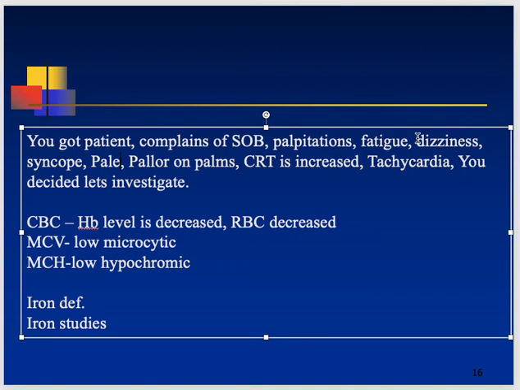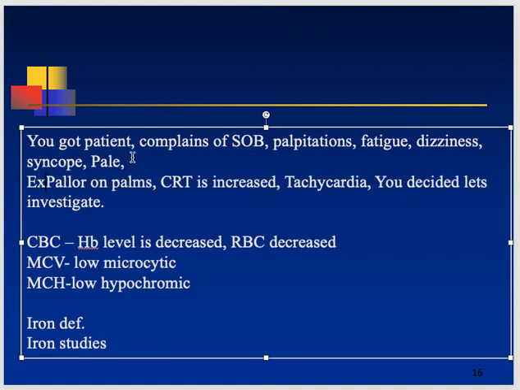For example, iron deficiency anemia is more common in females than males, simply because females lose a lot of blood every month by menses, or some females have increased menses, like menorrhagia, so they lose a lot of blood. So we go for all these things, and whenever we do the examination, we see pallor. So this is the history part, and these are the examination things.